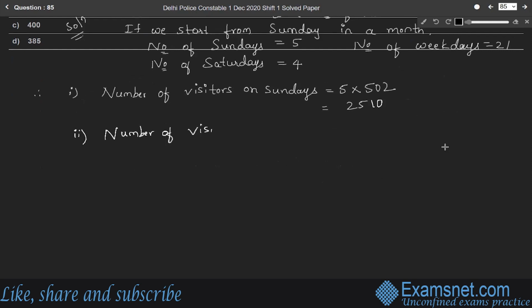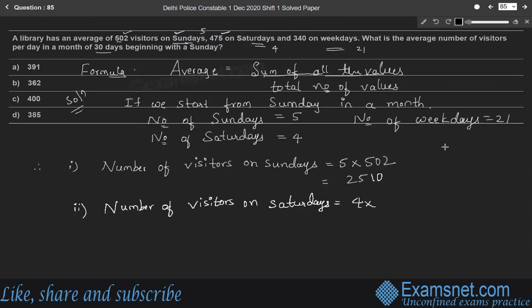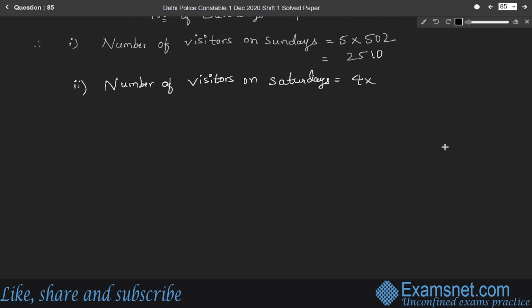And the second part, the number of visitors on Saturdays. The number of Saturdays is 4 and the average visitors is 475 according to the question. 4 into 475 is 1900, right?